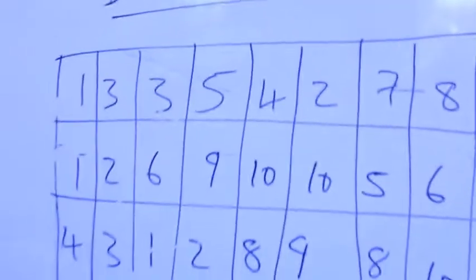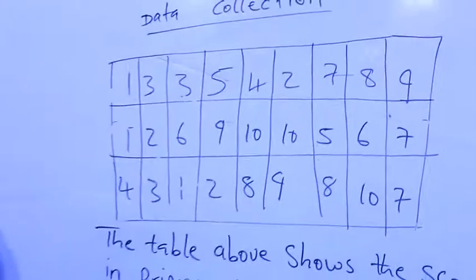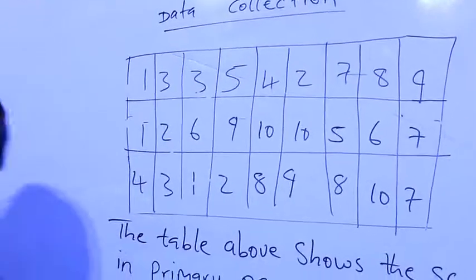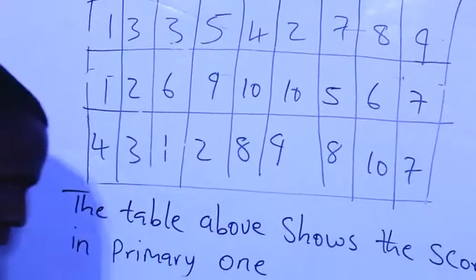The table above shows the scores of pupils in primary 1, and we are about to collect their like terms, that is their data. You bring another table like this.